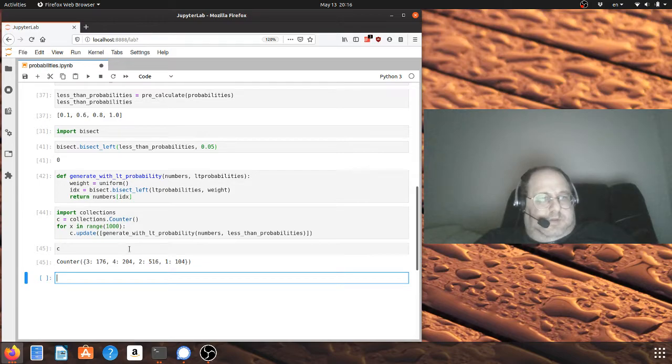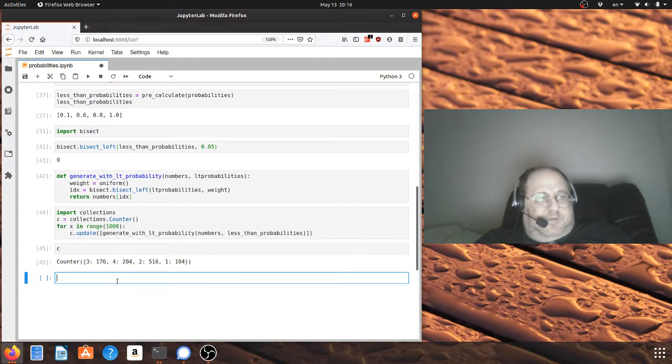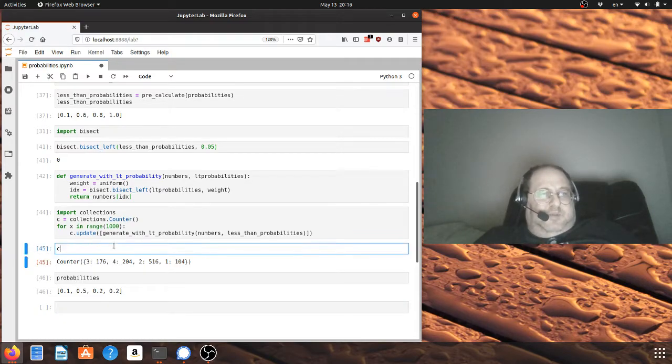again, you see that 2 is about 5, right? Again, let's put the probabilities again here. So 2 is about 5, and 4 is about 200. 1 is again about 100. 3 is slightly off, but again, it's all probabilistic, right?